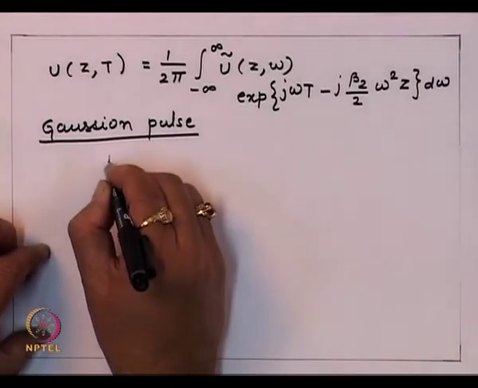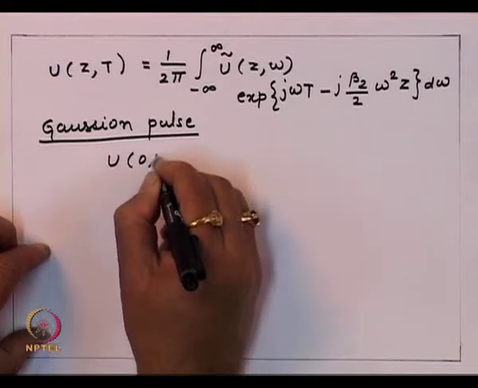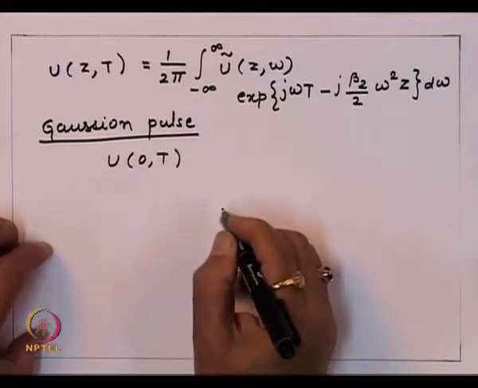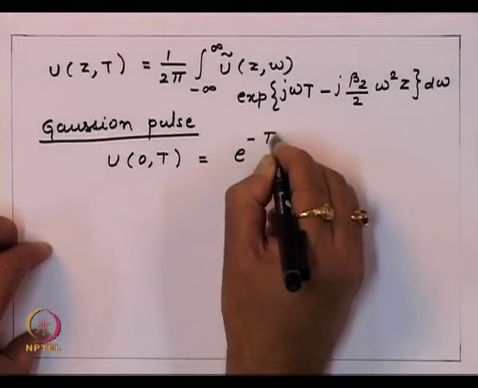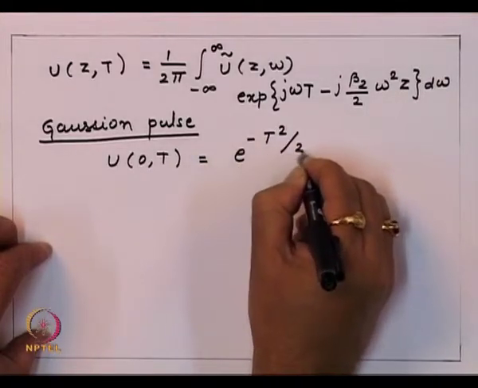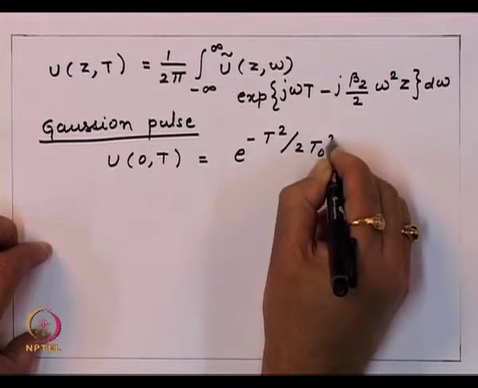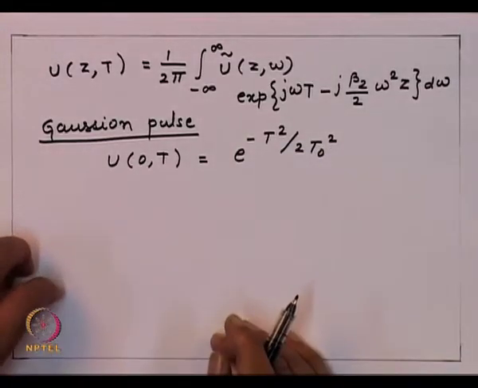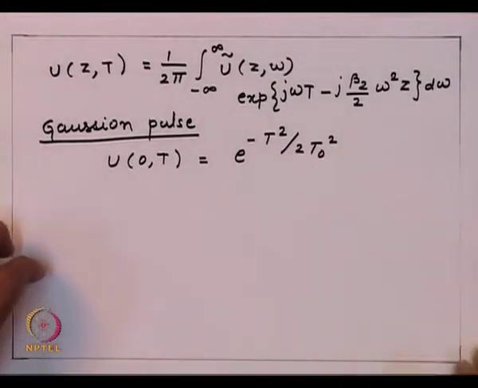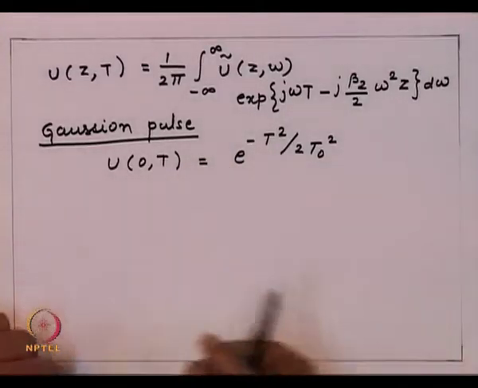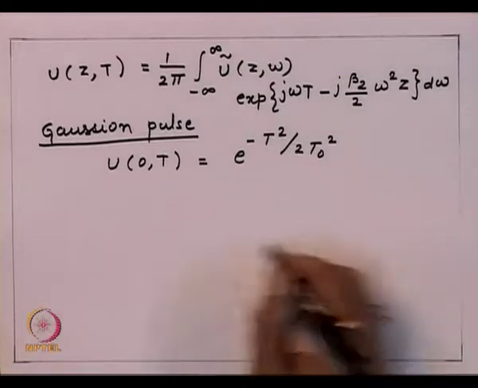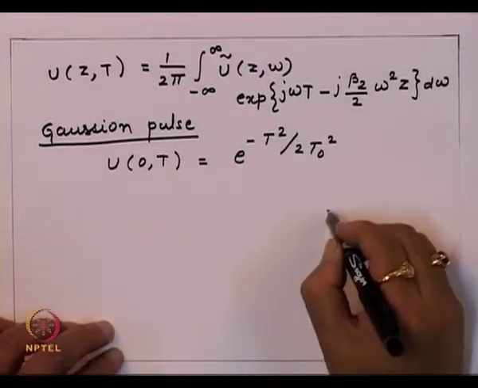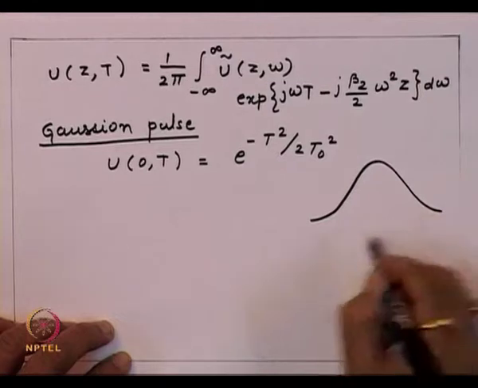Let us say we are launching a pulse at z equal to 0, which is e to the power minus t square divided by 2 t naught square, where t naught is the standard deviation of that Gaussian function.